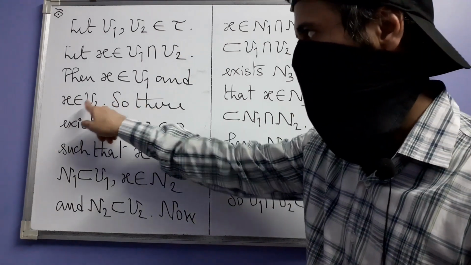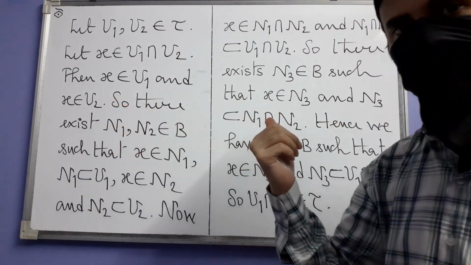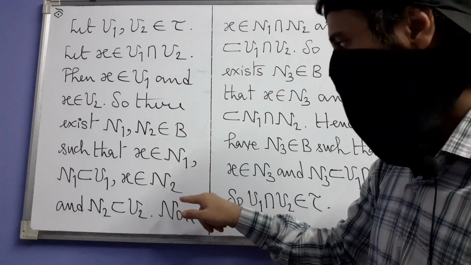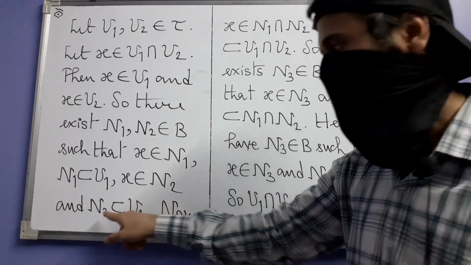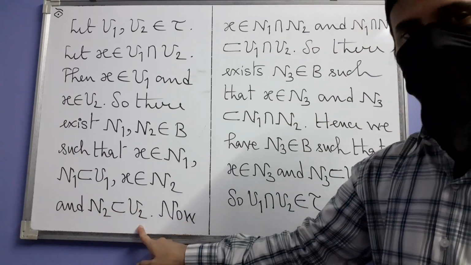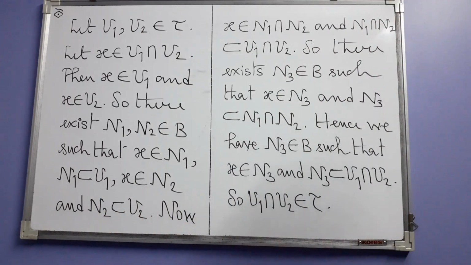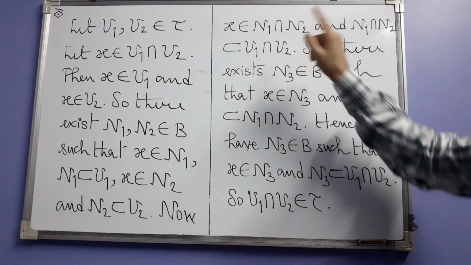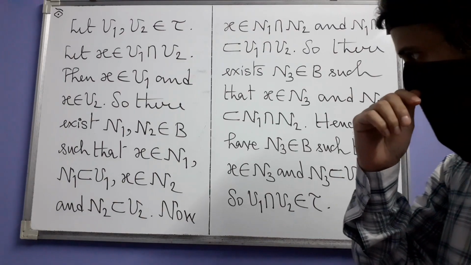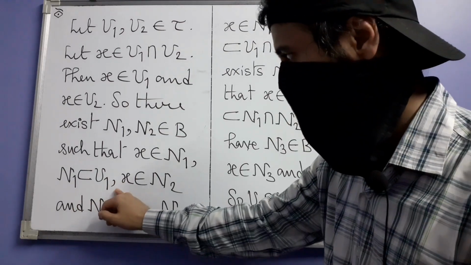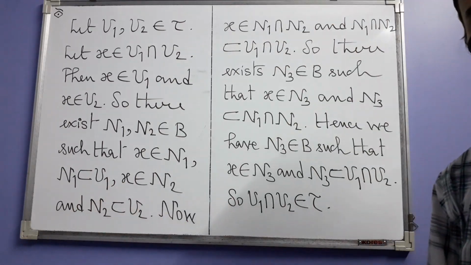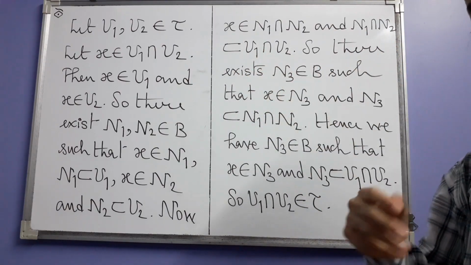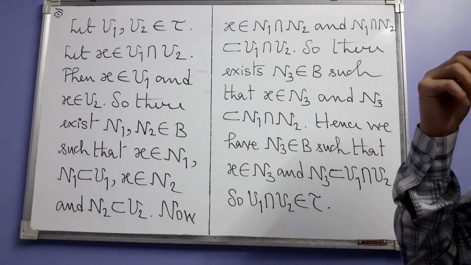Similarly, because X also belongs to U2 and U2 is also in tau, you will have another basis element N2 which will also contain X and will itself be contained in U2. Now X is in both N1 and N2, so X belongs to their intersection, and because N1 is a subset of U1 and N2 is a subset of U2, N1 intersection N2 is a subset of U1 intersection U2, a simple set theory result.